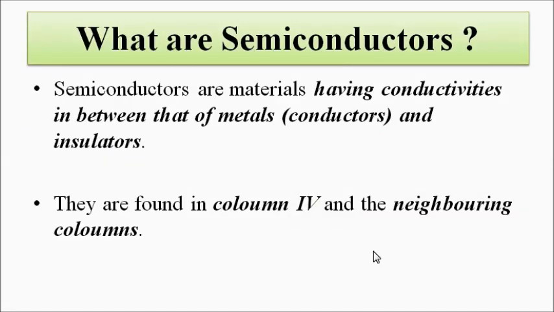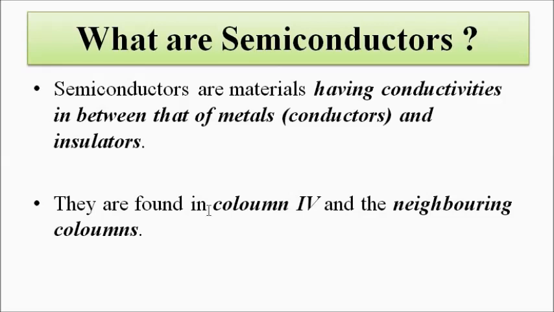So next, all this discussion around semiconductors. So what are semiconductors? Now we all know that semiconductors are materials which have conductivities lying in between that of conductors, pure conductors, mainly metals, and insulators. So the conductivity of semiconductors is lesser than that of metals, but more as compared to the insulators, and they are found in column 4 of the periodic table and the neighboring columns.